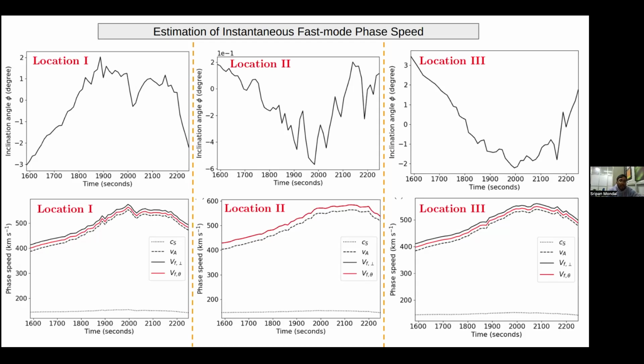Here, the red curve is basically showing the phase speed which we have calculated from the formula I have shown in the previous slide, whereas the solid black curve is showing the phase speed if we consider that theta is 90 degrees. So at location 2, since theta is almost 90 degrees, the solid red and solid black curves are overlapping with each other.